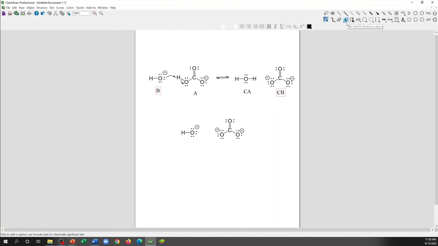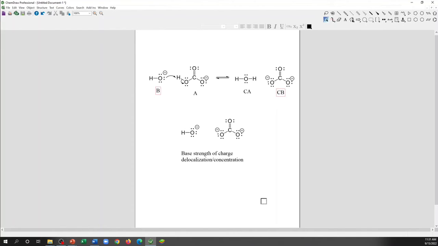In terms of bases, base strength is usually a function of charge delocalization or charge concentration. So what that means is a stronger base... Remember, the job of a base is to take its negative charge and go grab something.